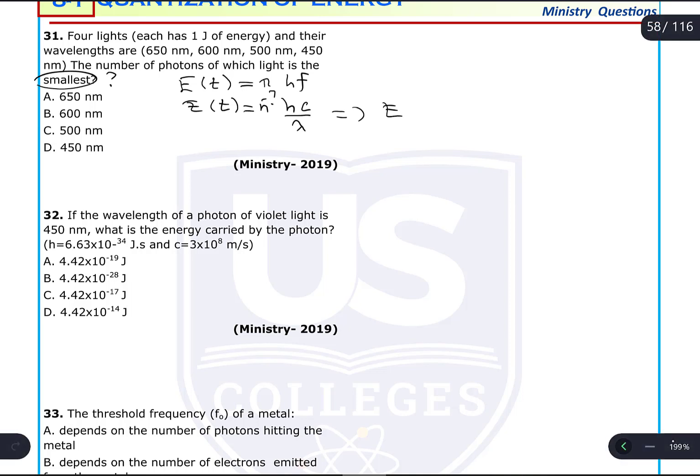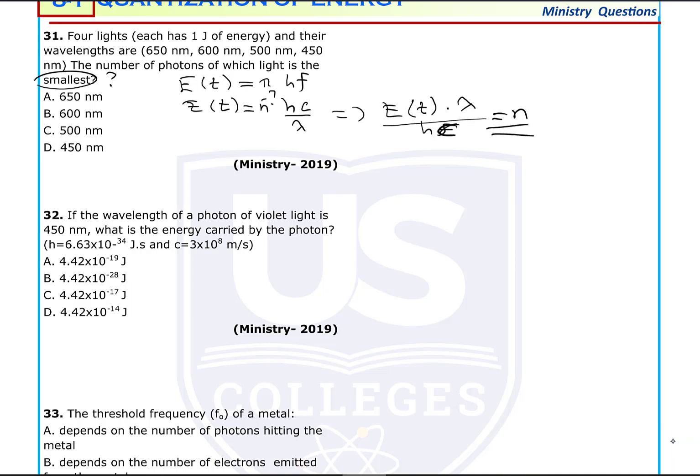That is, total energy multiplied by wavelength divided by hc will represent the number of photons. We want the number of photons to be smallest.